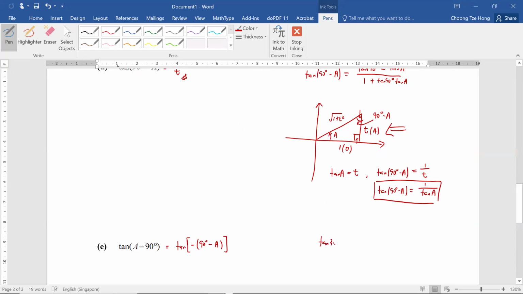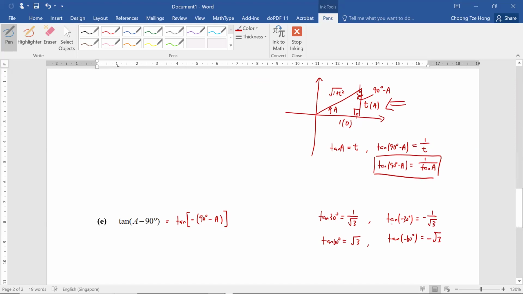If tangent 30, 30 degrees is a special angle, right? You get 1 over root 3. How about tangent negative 30? If you press your calculator, you'll get negative 1 over root 3. If you try tangent 60, you'll get root 3. Then if you try tangent negative 60, you will get negative root 3.